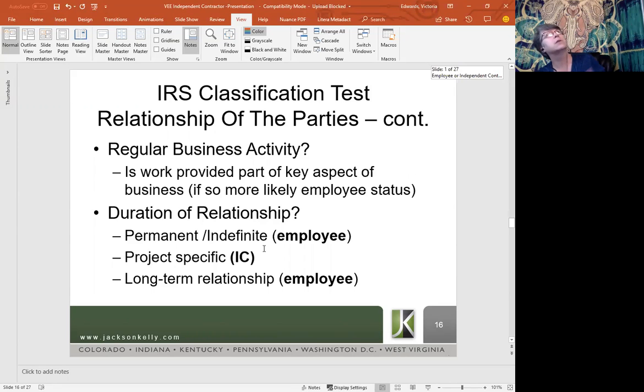So let's think of it as a healing practice. Let's say they do massage therapy and they have people who rent rooms. They're technically an independent contractor because they're under the umbrella of that particular massage practice. And they also may go out and do massage on their own with other practices as well.